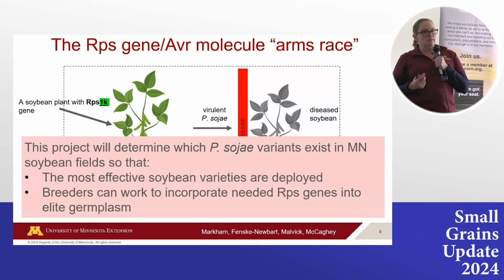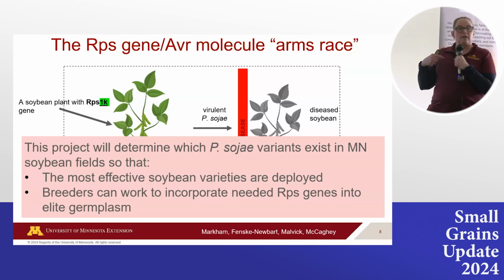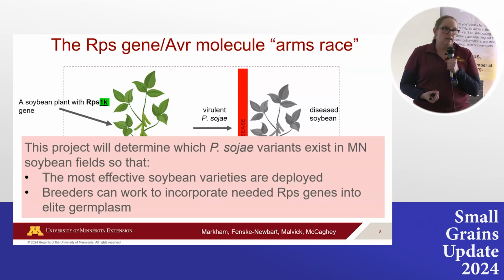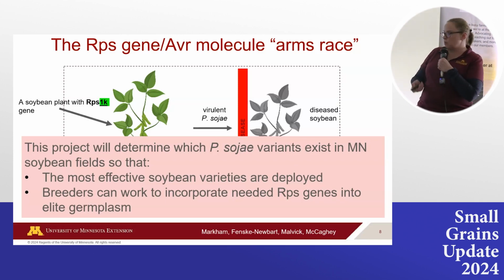There's a couple reasons for this. One, we need our soybean breeders to be aware these are the RPS genes we need bred into our varieties. And then we need to be able to deploy the correct varieties adapted to our maturity groups up in the Northwest up here.